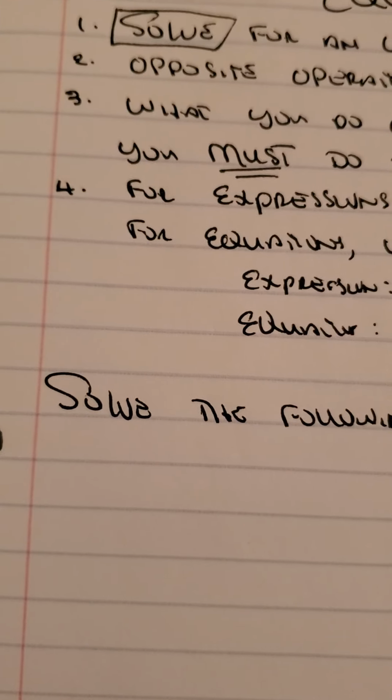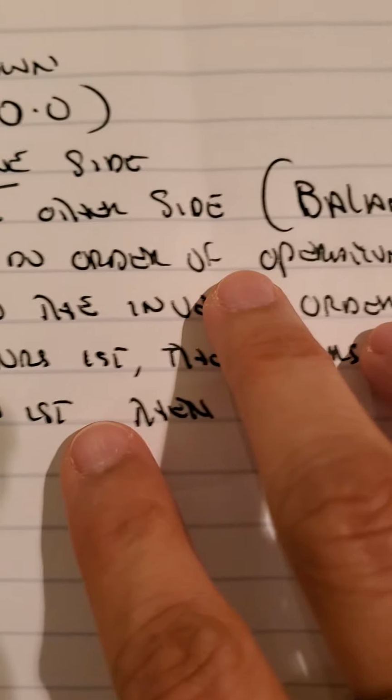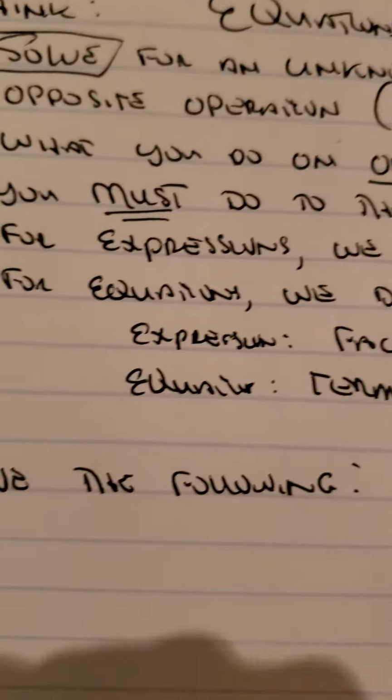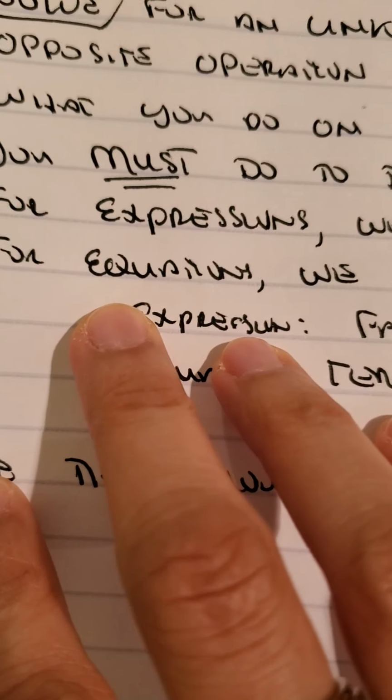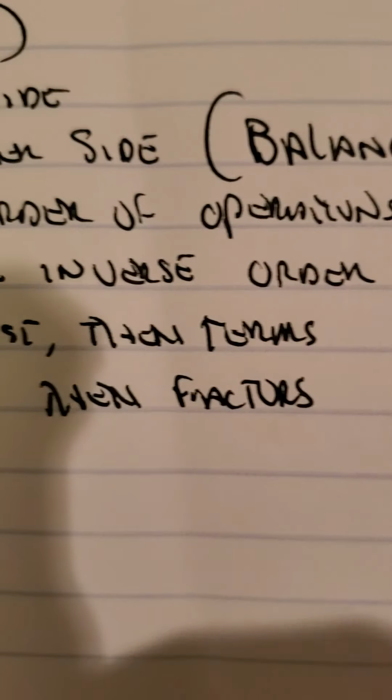Last thing I need you to think about, just for now, is that when we're working with expressions, we do the order of operations, right? You call it PEMDAS. But when we're operating on equations, we do the inverse order of operations.